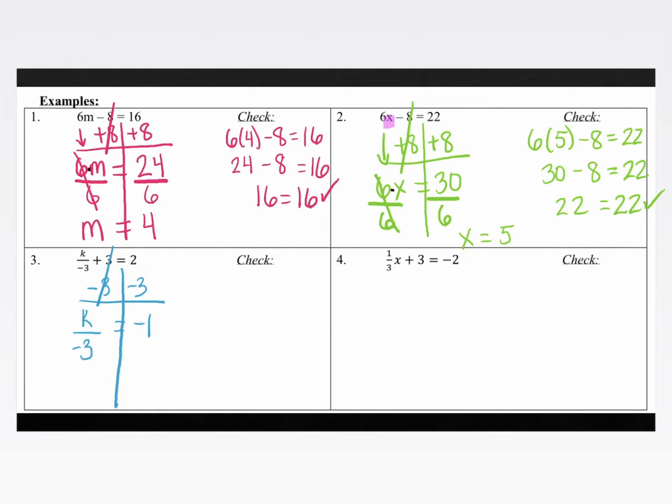Now on the left-hand side, this is k divided by negative 3. The inverse of division is multiplication. So we're going to multiply by the reciprocal. We're going to multiply both sides by the number that's in this denominator here, since we want to isolate that variable. So we're going to multiply both sides by negative 3. And remember, this is really negative 3 over 1.